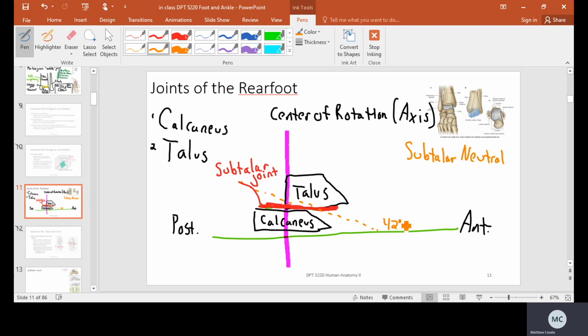Where does the Achilles tendon or calcaneal tendon attach? What part of the calcaneus? The posterior part, back here. What's that? It hinges.